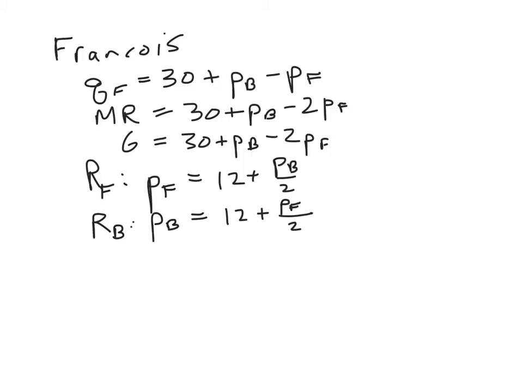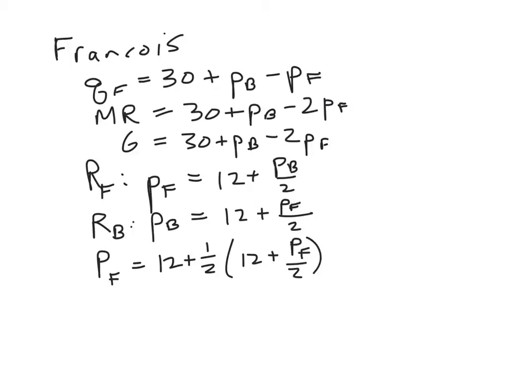Just as in the Cournot problem, the equilibrium occurs where they correctly anticipate each other's price, so we can substitute Babette's reaction function into Francois' reaction function to figure out Francois' price, and from there calculate Babette's price. So 12 plus 1/2 times 12 plus PF over 2.